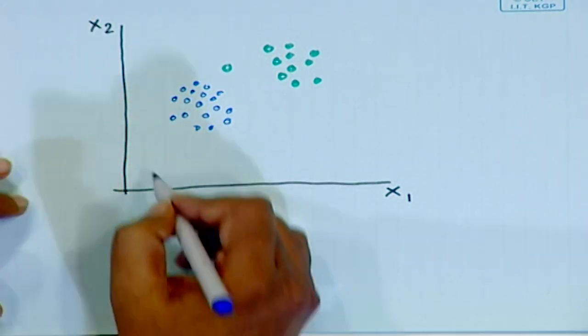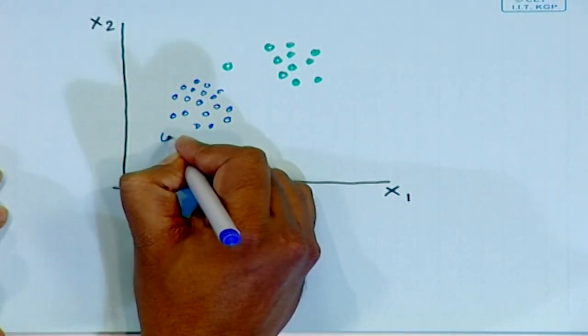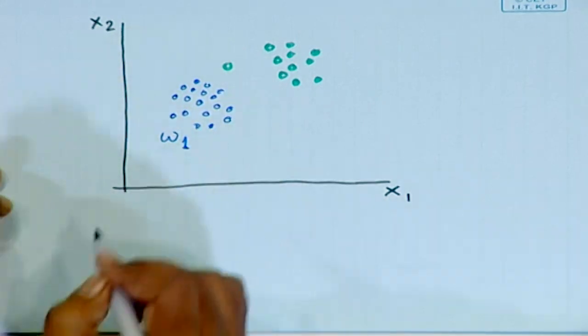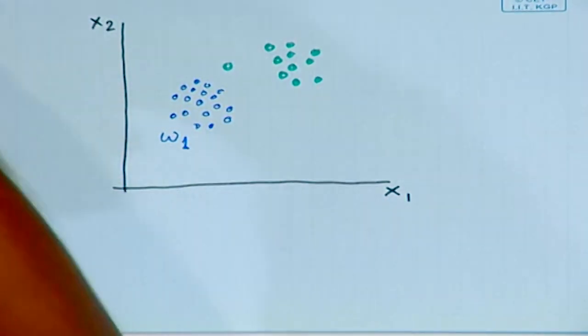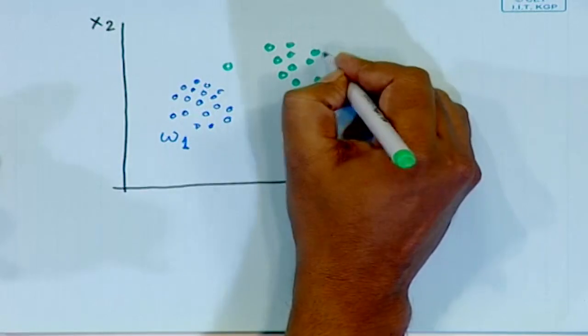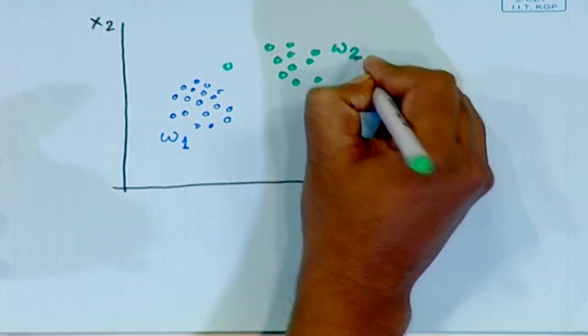These are the training samples taken from class omega 1, and these are the training samples taken from class omega 2.